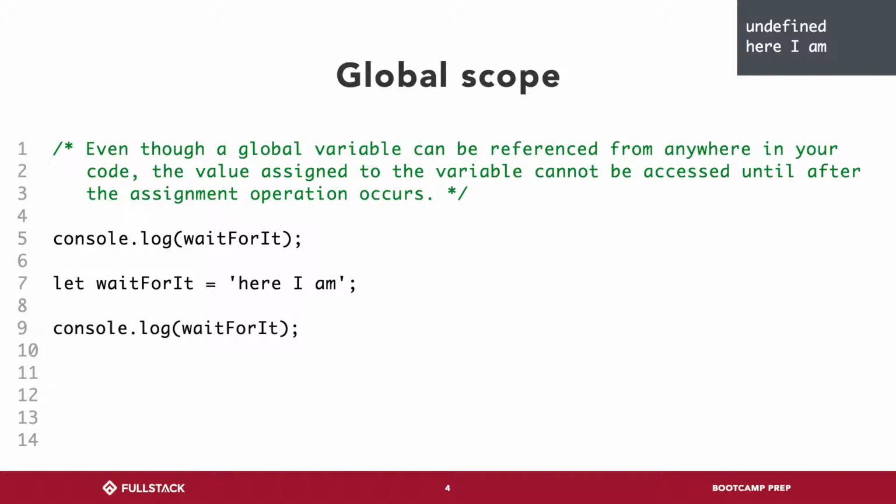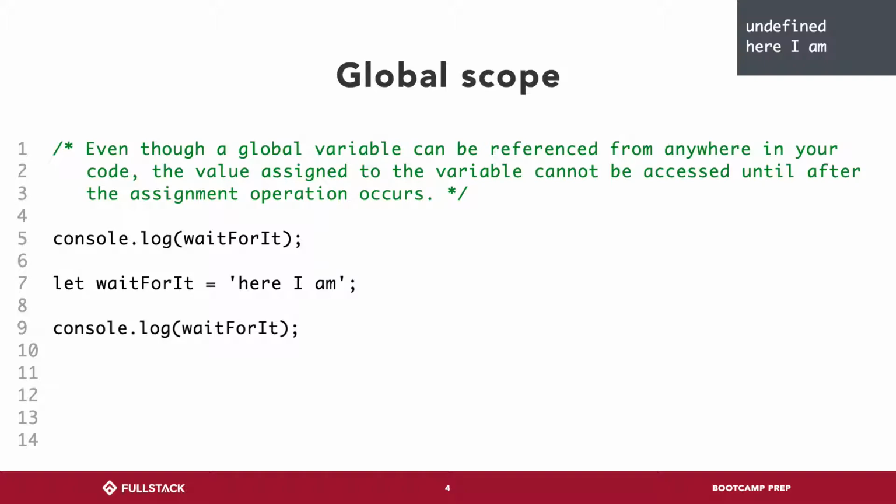Here, when we first log wait for it, it's undefined, because we'll talk about hoisting later on. When you actually declare a variable like this, part of the declaration gets hoisted to the top of the file. It's almost like this part is ahead of this part. So when we console log wait for it, it says undefined because we haven't defined it yet.